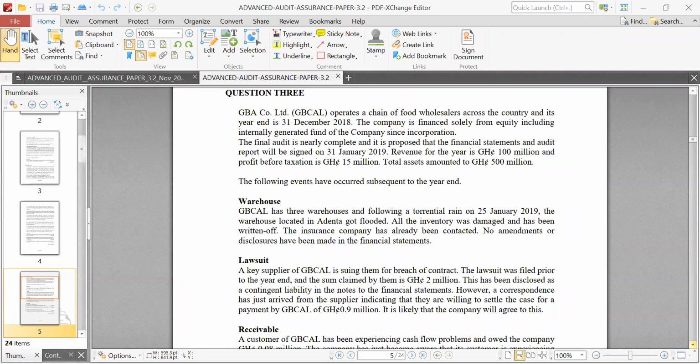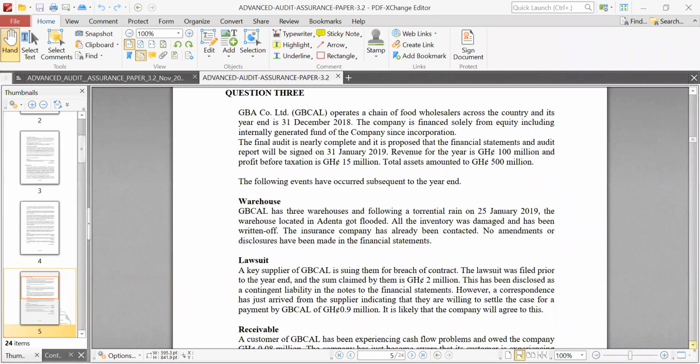The final audit is nearly complete, and it is proposed that the financial statements and audit report will be signed on 31st January 2019. Revenue for the year is 100 million Ghana cedis, and profit before taxation is 50 million Ghana cedis. Total assets amount to 500 million Ghana cedis. The following events have occurred subsequent to the year end.